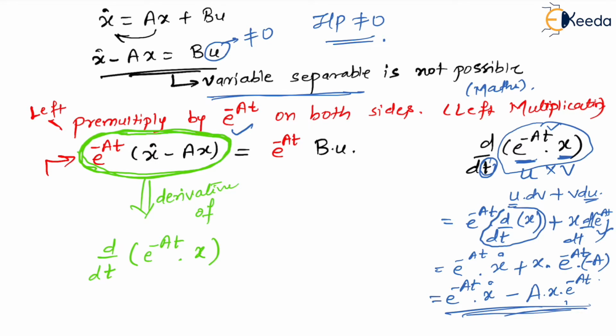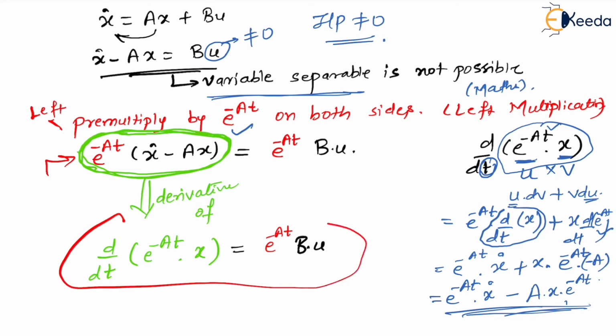So now what is left here is equal to b into u, and this e to the power minus at is there as usual. Now you can easily do variable separable. It can be done. So in order to do that, what should we do? Let us see. Let me write down this whole equation again on the next page.